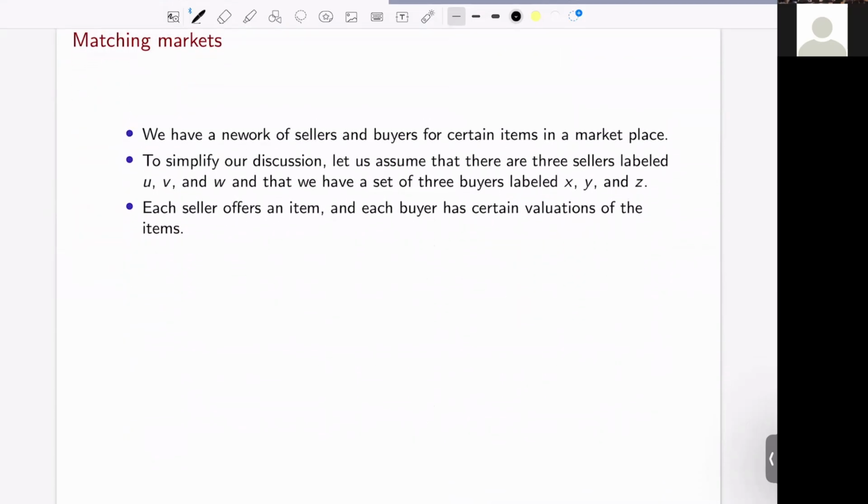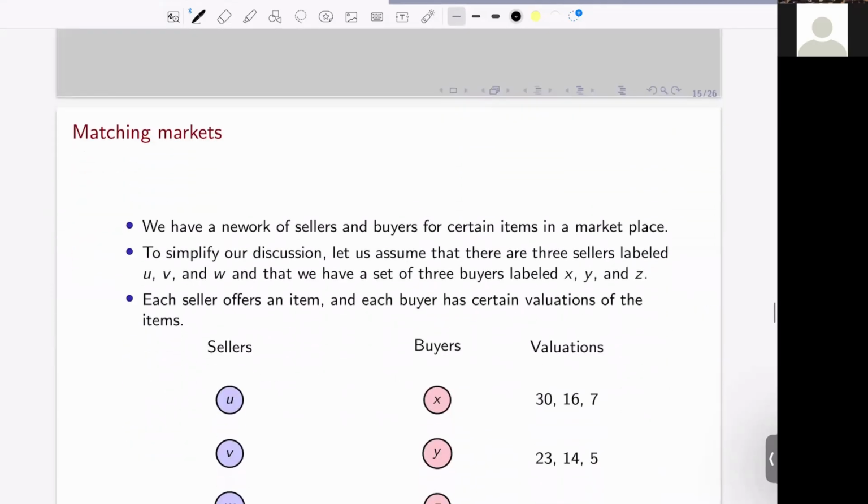Each seller has an item to offer, and buyers have valuations that they have in their mind. Like there are 3 cars, maybe I rank the first one the most valuable, and the second as the second most valuable, and the last something like this.